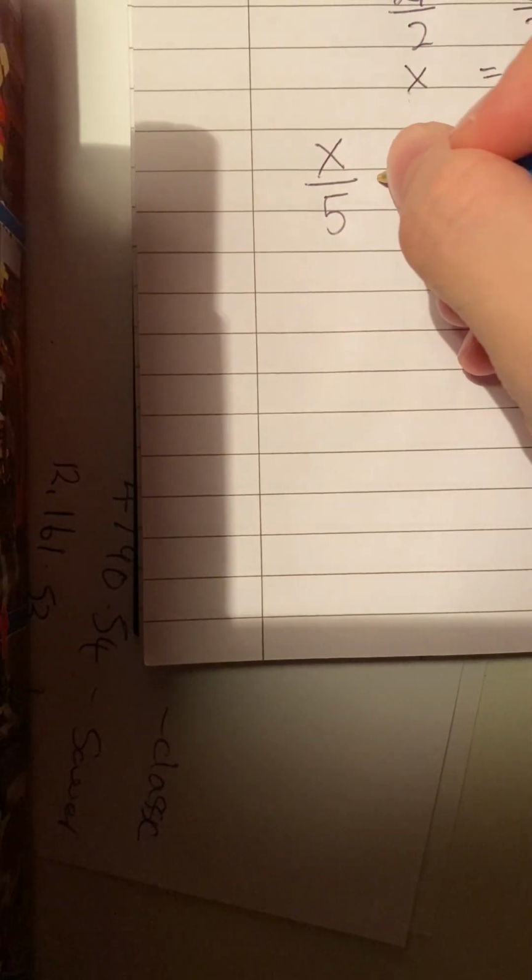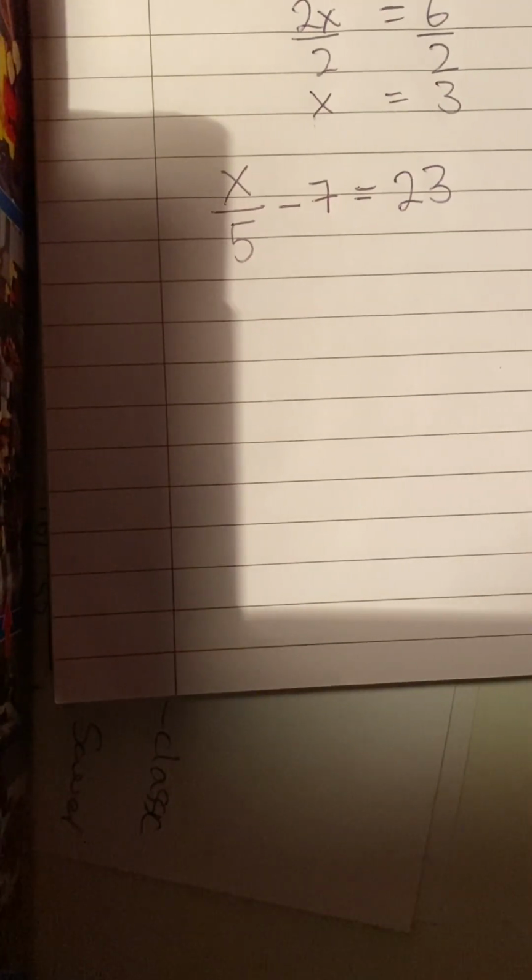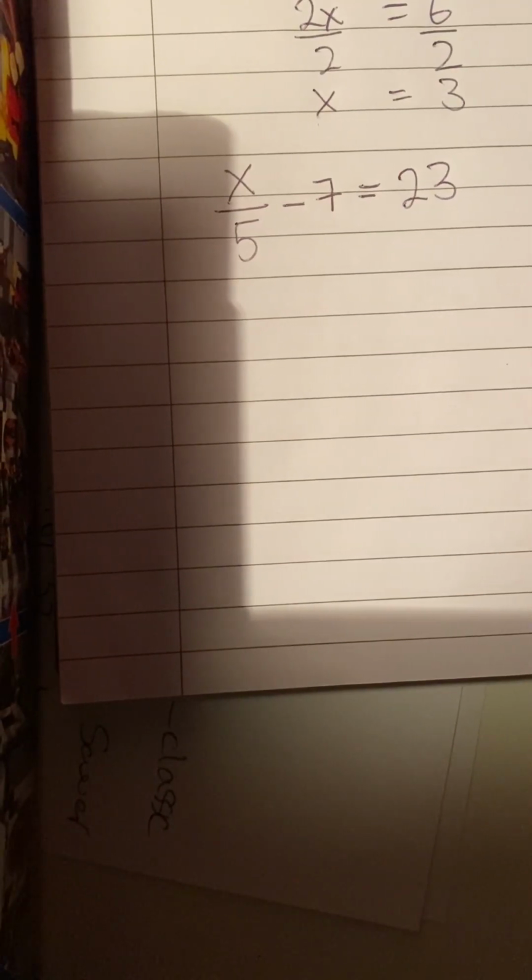Okay, let's do one more, and then I'll let you have a go at the worksheet. So let's consider something like x over 5 minus 7 equals 23. That's a bit off the page, sorry. So x over 5 minus 7 equals 23.